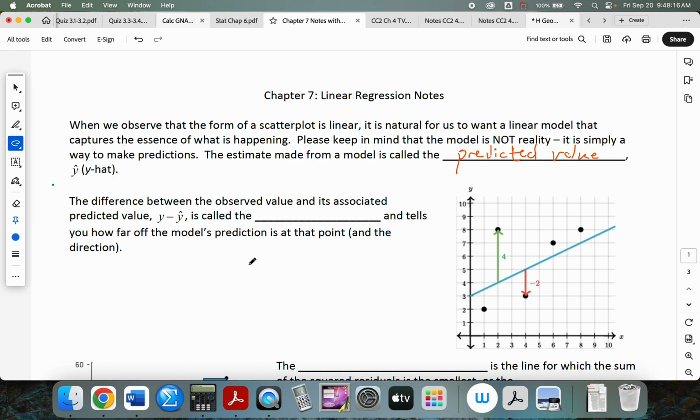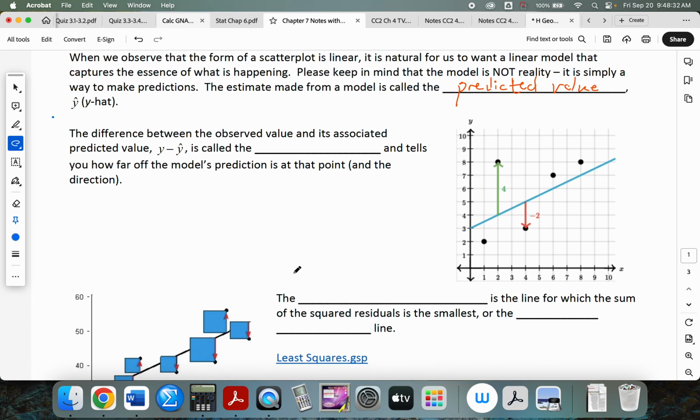once we have a model, we have a predicted value, which is why when you see the equation, it won't say y equals, it'll say y hat equals, because we're finding the predicted value, not the actual value. Now, the difference between the observed value, which is the same thing as the actual value, and its associated predicted value, so y minus y hat, is called the residual.